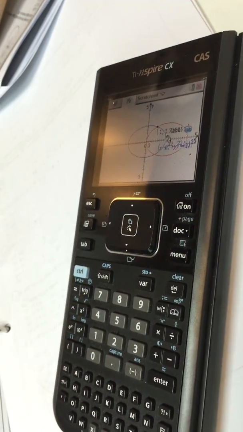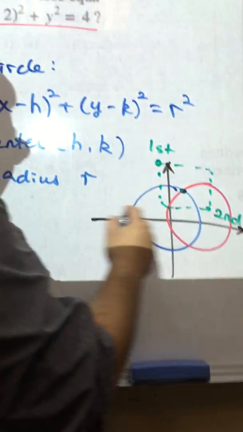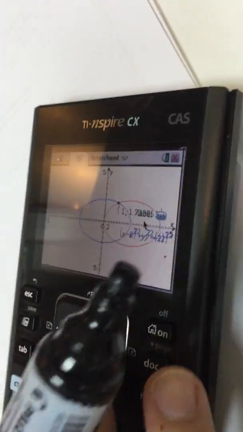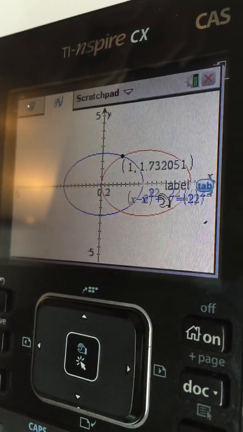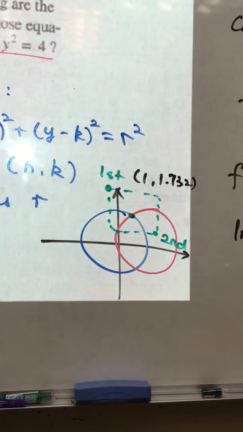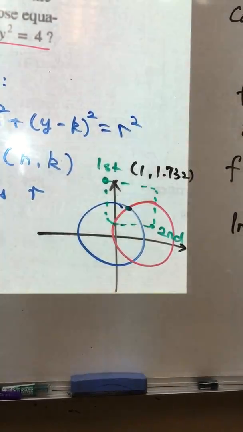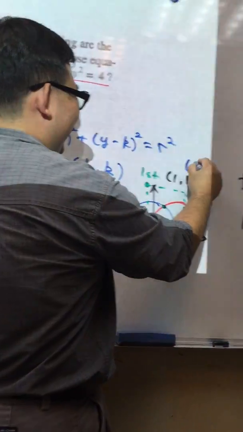It shows you the points of intersections to be 1 and 1.7732. Can you get this? Yeah, hang on. Good. 1.73. Yes. Okay. Which is actually the square root of 3. Oh, okay.